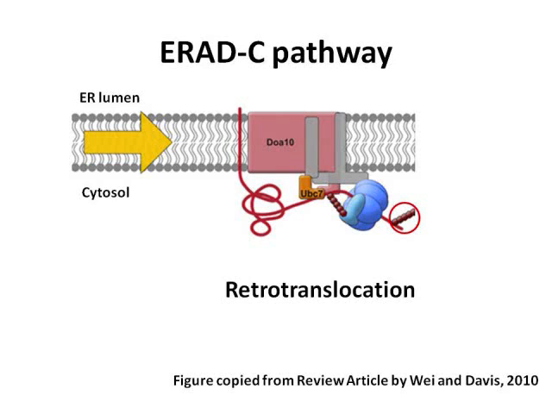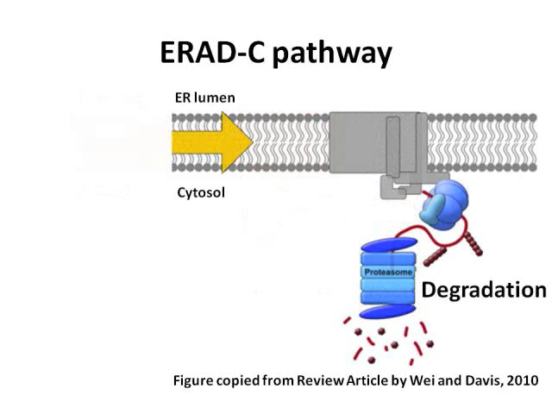From here, the protein is retrotranslocated, or in other words, it is pulled out of the membrane by the CDC48 ATPase complex that you can see in blue. Once the protein is out of the membrane and free to move, the ubiquitin group targets the protein to the proteasome, where it is degraded into amino acids that will be recycled in protein translation.